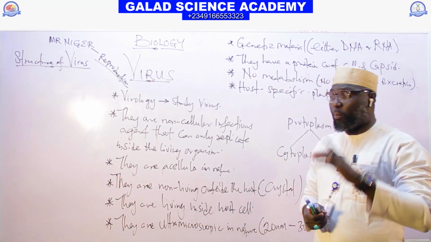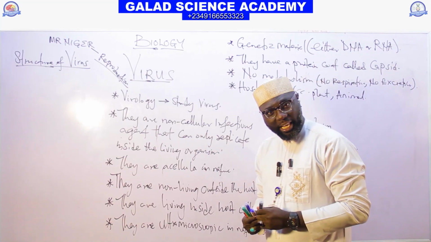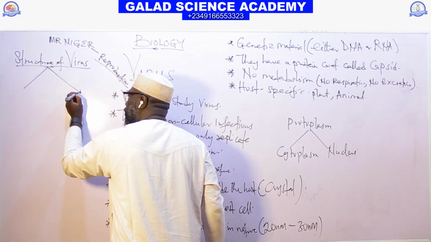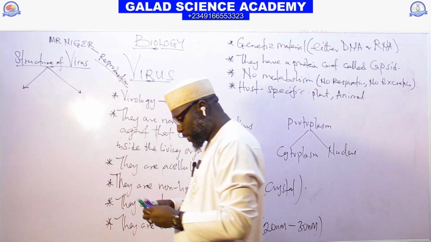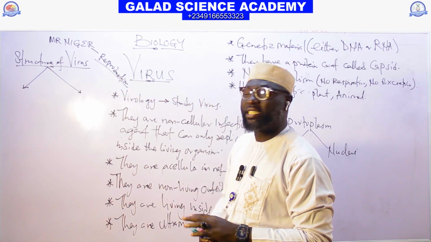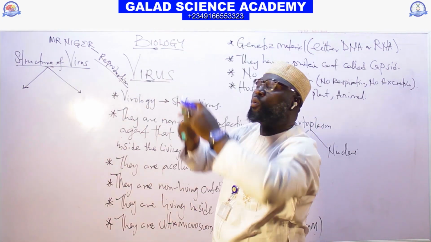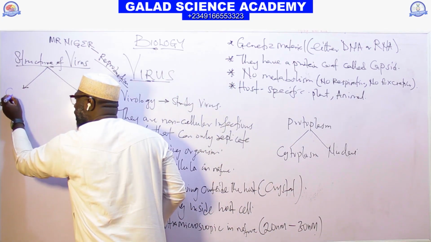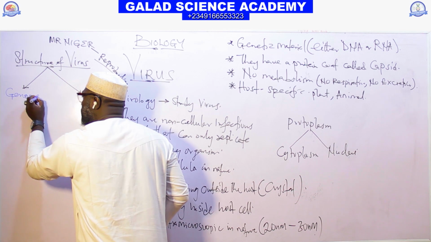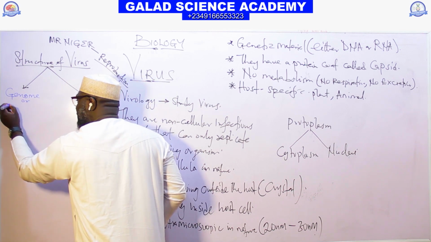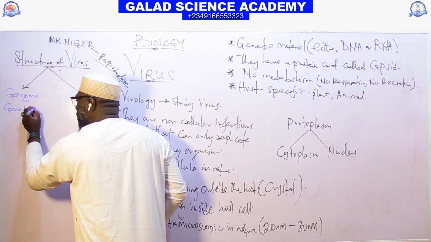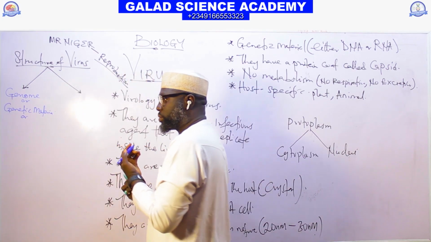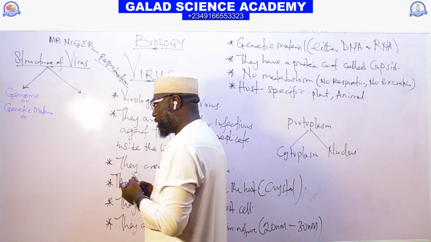A typical virus comprises of two things. What are they? A virus comprises of two things in terms of structure. What is the first one? The virus contains genetic material called genomes, or genetic material, or we can also call it nucleoids.